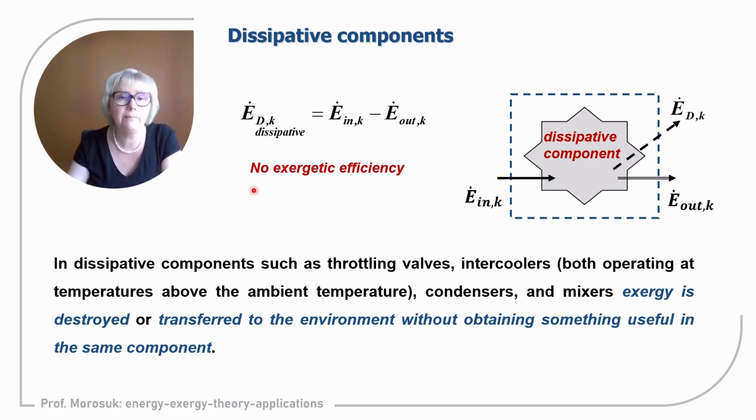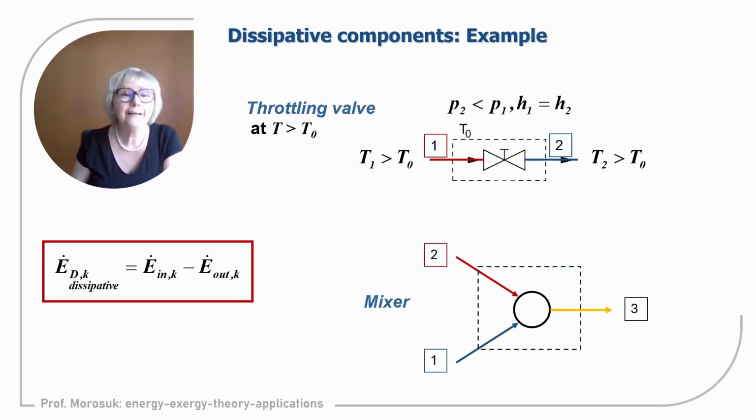And I repeat, for dissipative components, exergy destruction is exergy inlet minus outlet, and no exergetic efficiency should be defined. And examples. Throttling valve is a classical dissipative component only if the throttling valve operates above the environment, meaning for a power generation system.